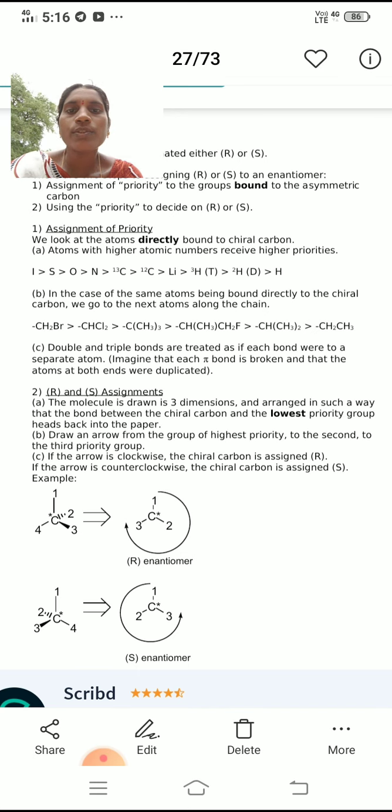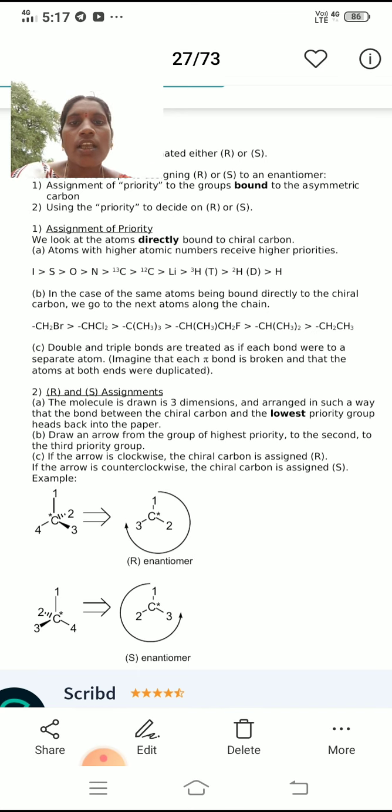The atoms with higher atomic numbers receive higher priorities. For example, iodine will get a higher priority, then sulfur, oxygen, nitrogen, carbon, lithium, hydrogen, like this. The atom having the highest atomic number gets the higher priority.